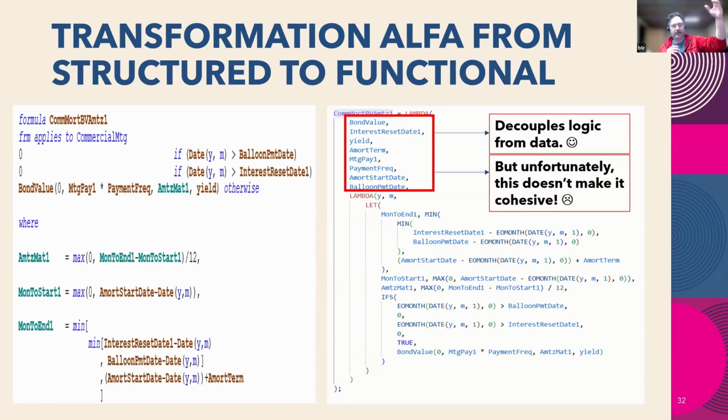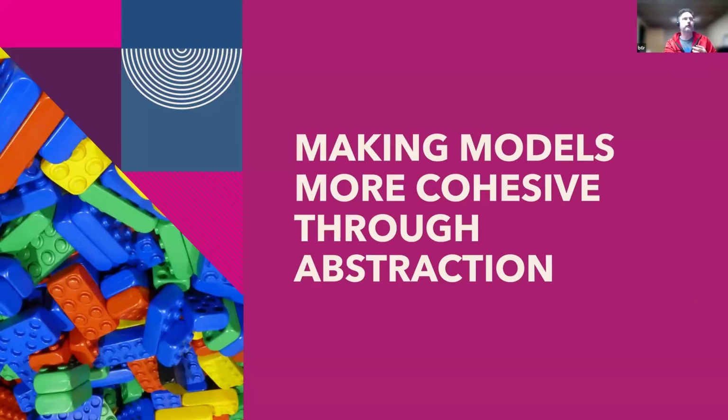Well, the problem is, if you just did a straight change like this, you're going to decouple that data, but it's not necessarily going to be cohesive. So when you figure out, well, I need to put this variable in this function and that variable in that function, you're likely going to break it. So we need to learn how to not only decouple them and make them smaller, we also need to learn how to make them cohesive. And just by the way, if you want to know how to do this, this can be automated through a Python library called Lark. But anyway, moving on.